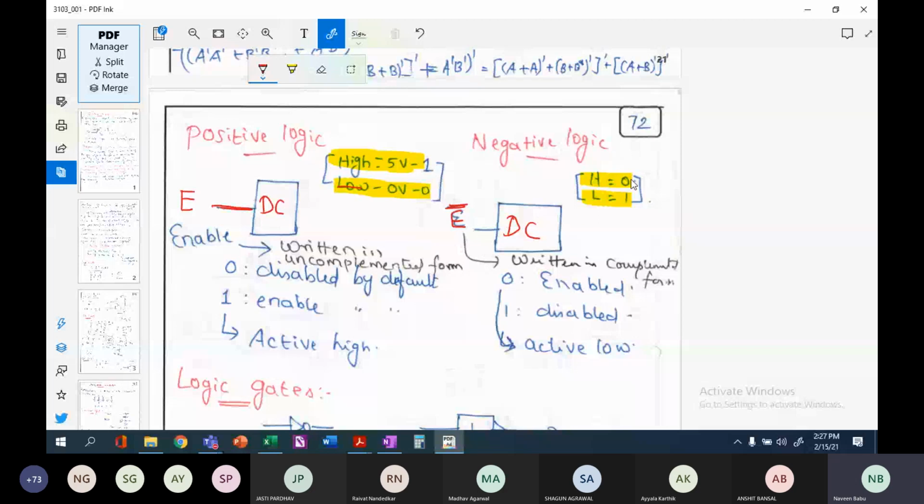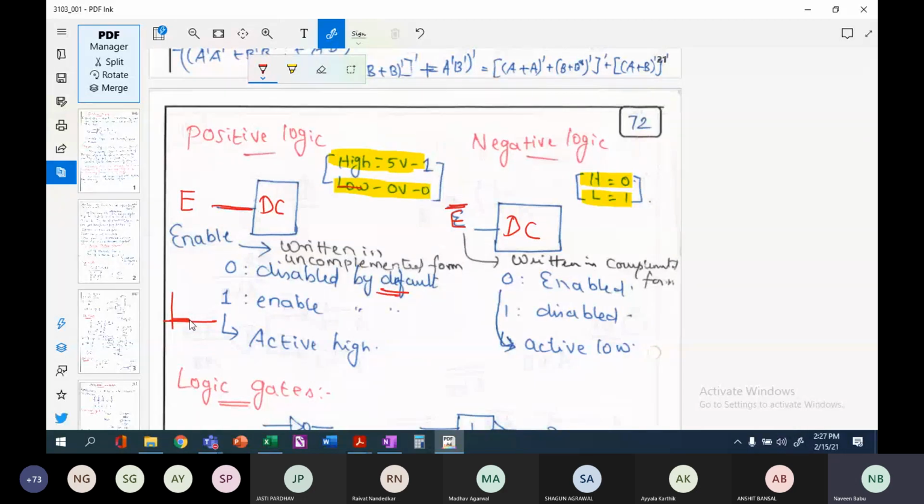Right. So here again, in case of positive logic, 0 is disabled by default, whereas 1 will enable your circuit. When we say 1, it is an active high. What do you mean by active high? It is normally 0 by default.